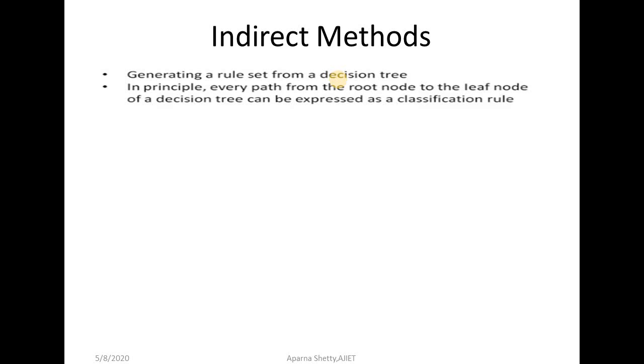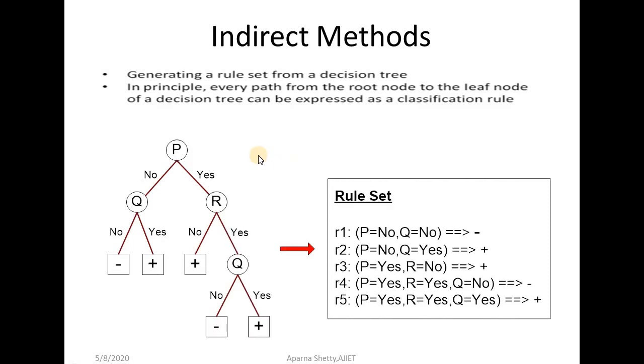In indirect methods, we generate the rules using another classification model, or we generate a rule set from the decision tree. In principle, every path from the root node to a leaf node of the decision tree can be expressed as a classification rule. Let us see how to do it.